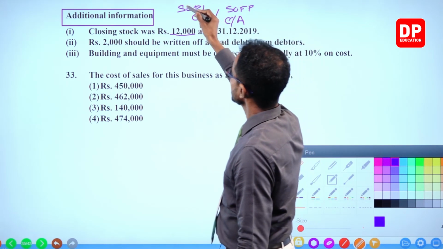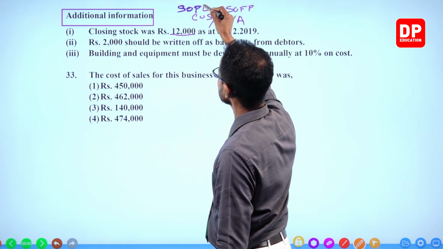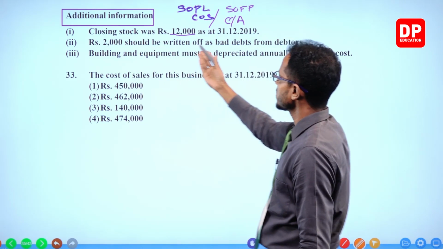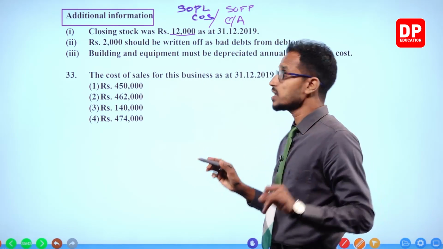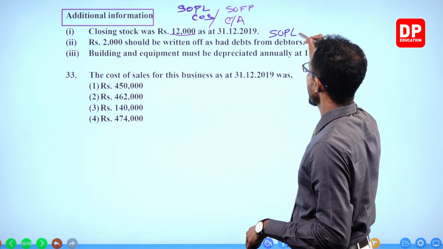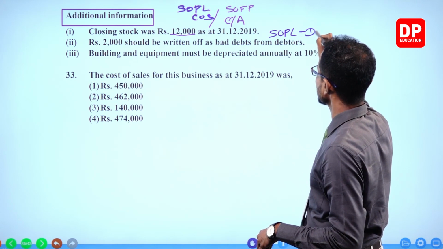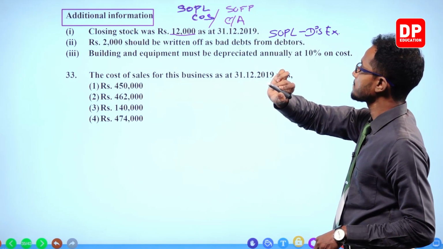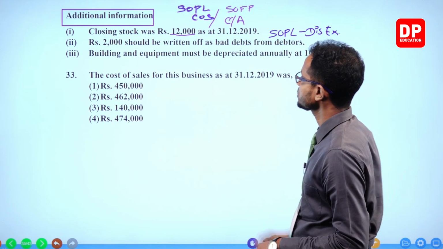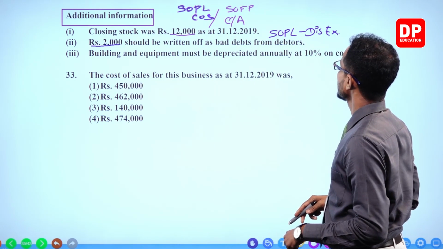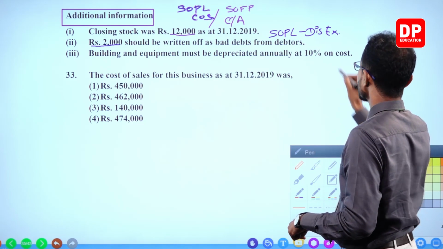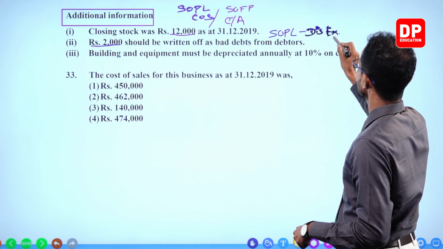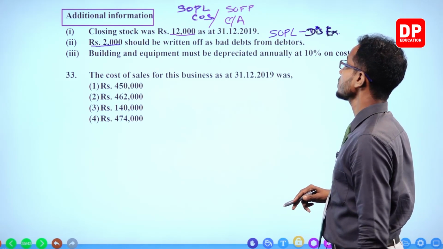In the SOPL, statement of profit or loss, the 2,000 should go to distribution expenses.